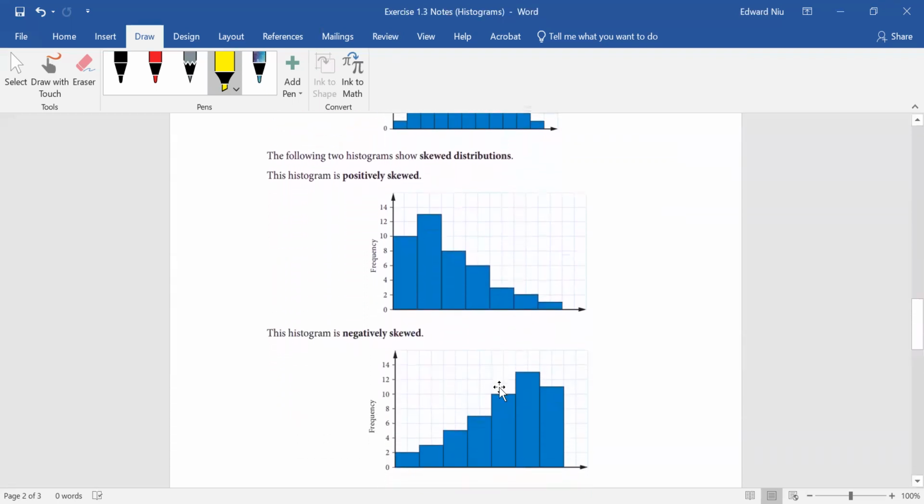Down below here, we have two types of skews. What you notice is the positively skewed histogram is actually leaning towards 0 or running away from the positive. So what you want to think of is positive skew runs away from the positive.